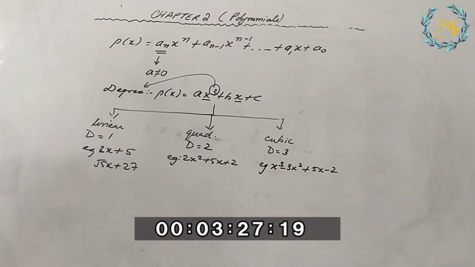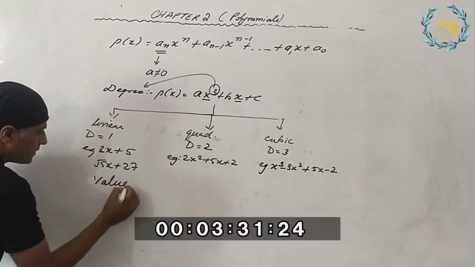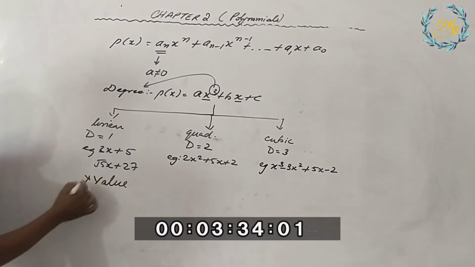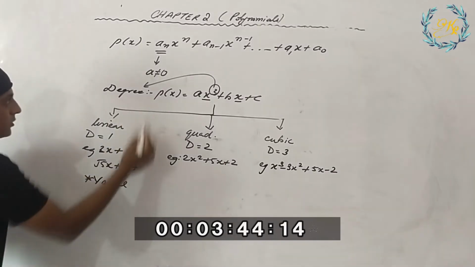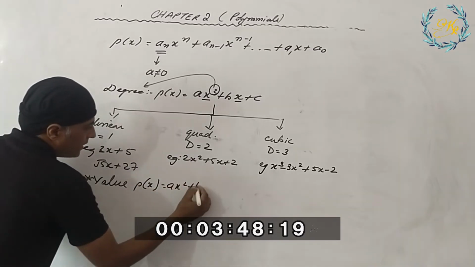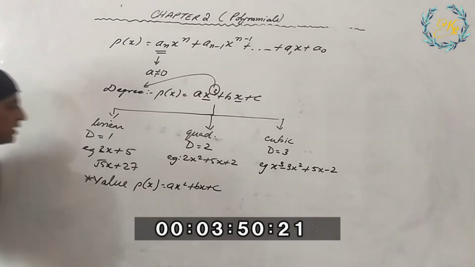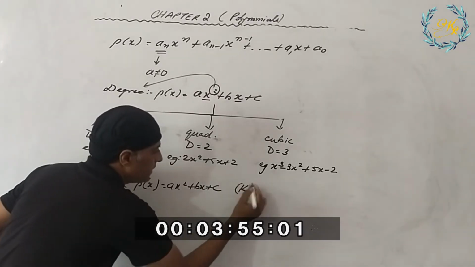Now, when we talk about the value of a polynomial, the next basic concept: if I am given any polynomial, for example the general equation ax² + bx + c, and I keep any particular value k.